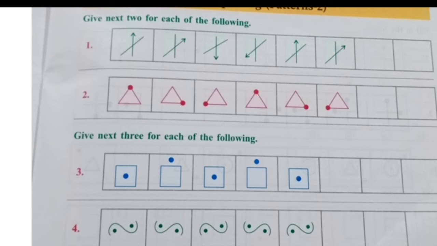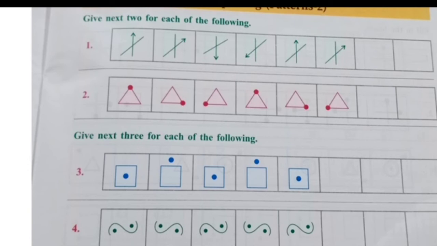Then third option and seventh option will be the same. So draw the same figure like it is shown in the third square. Got it? And draw the same figure like it is shown in the fourth square at the end. Got it?